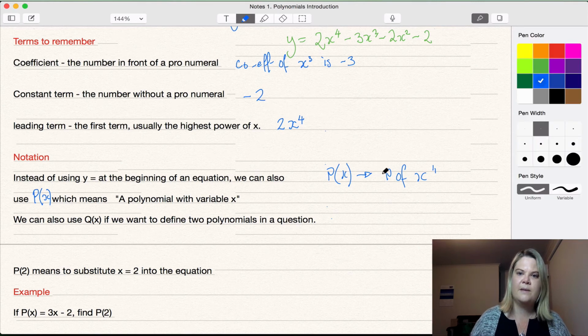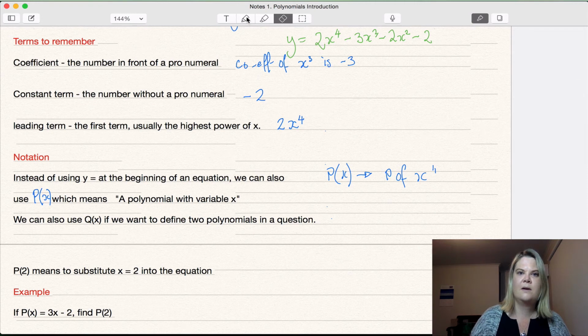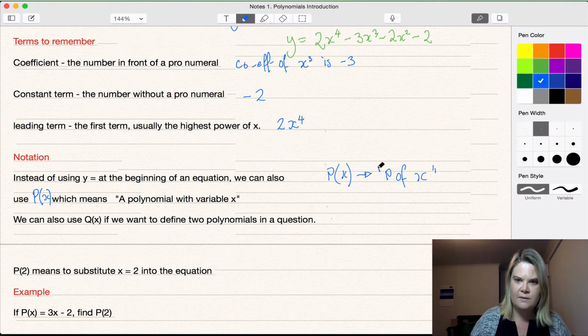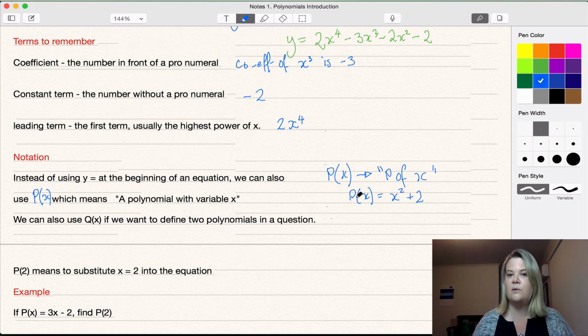When you're reading it, you say p of x, and it means a polynomial with variable x. So the letter in here is the variable you have in your polynomial. So p of x could be, it would have to have x's in it, x squared plus 2, for example, could be a polynomial in x.